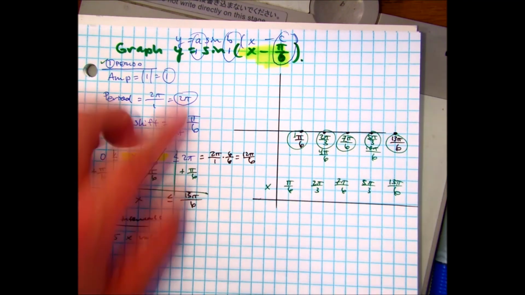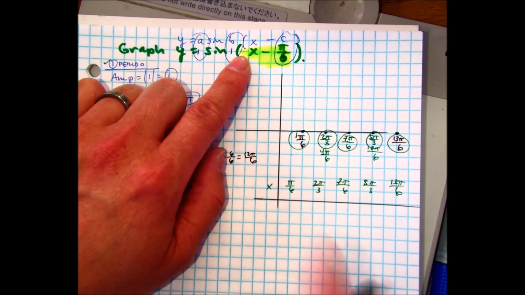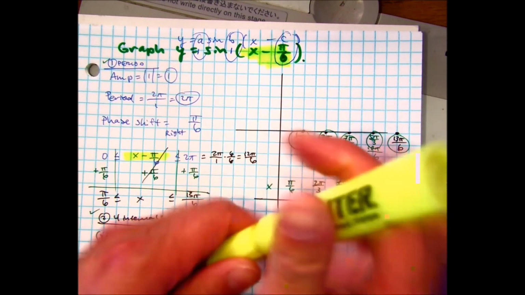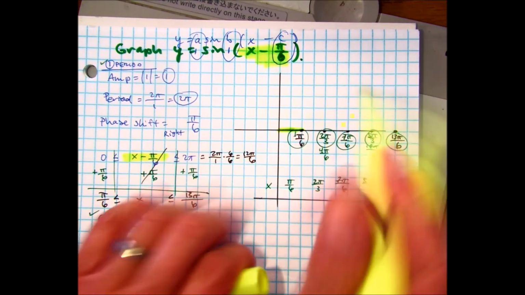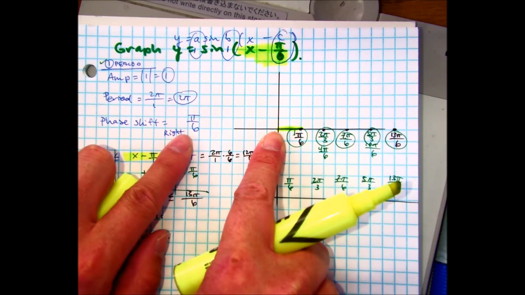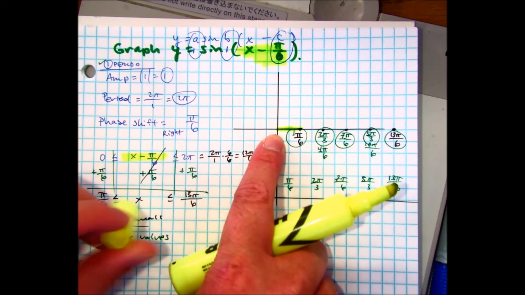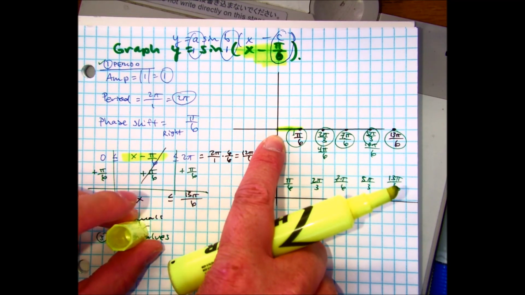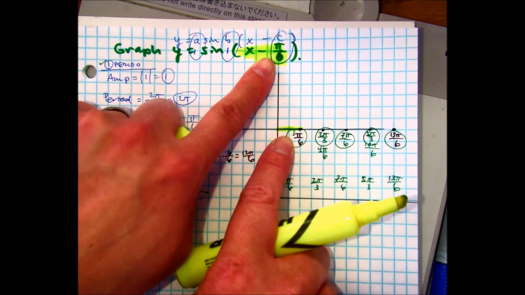Now if you think about what we've just done, my phase shift is to the right pi over 6. You see that? I'm pushing it off pi over 6. Before, our graph used to come from the origin, but now it's pushed off by that amount.